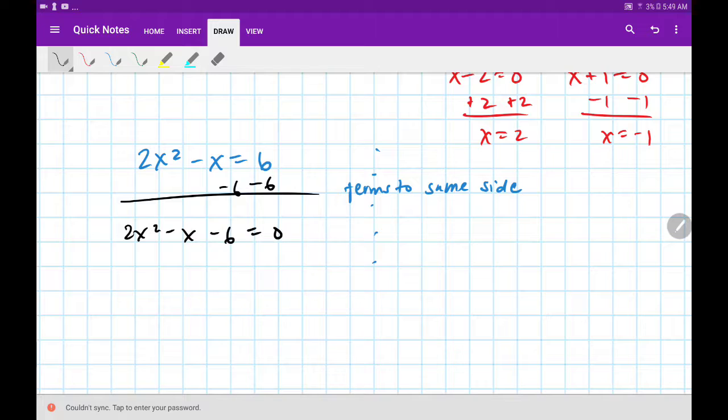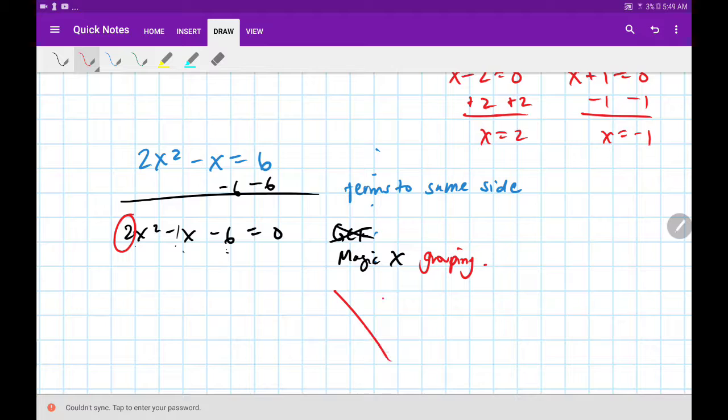Okay, now let's think. GCF, we always check it first. Since there's a 1 here, I can't pull anything out. So that's out of the running. Next I have magic x since there are 3 terms. But notice there is a number out in front, so I can't use a shortcut. I have to do it by grouping. That's the long way. So let's use our magic x.